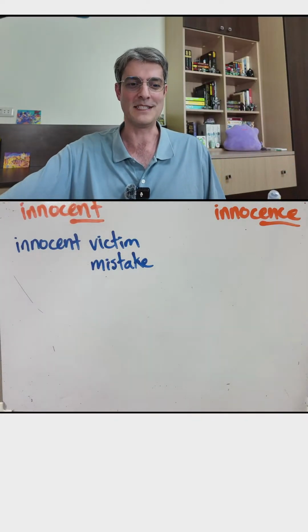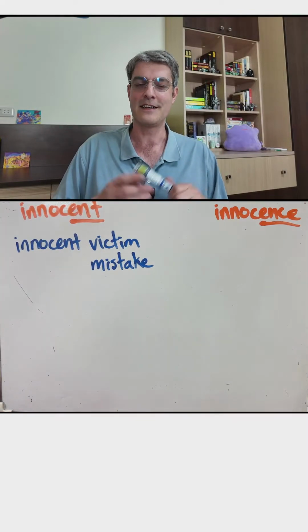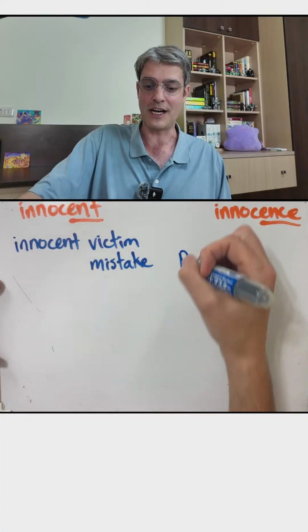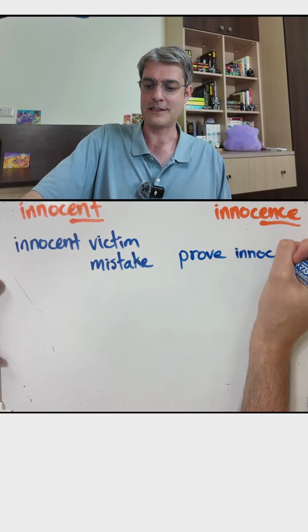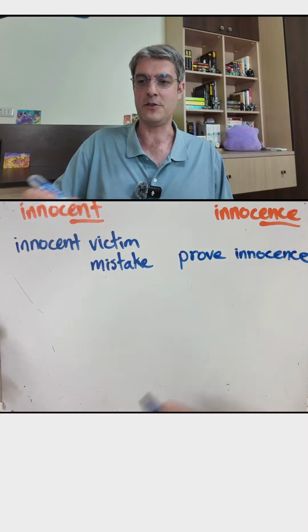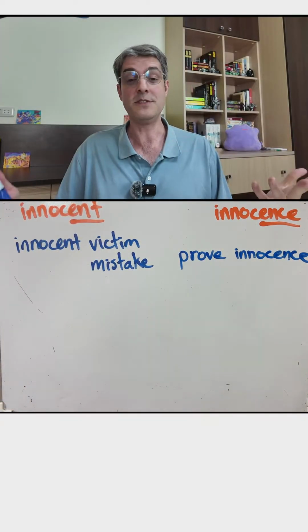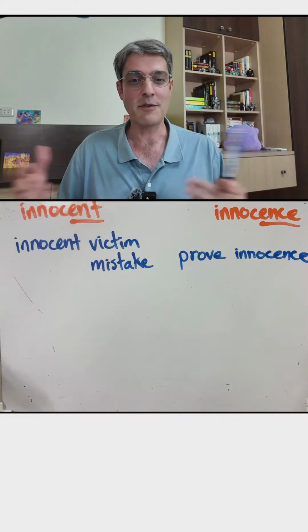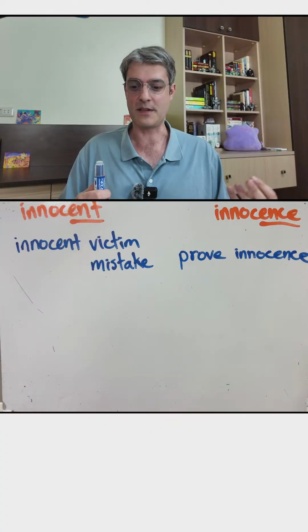It's an innocent mistake. All right, so if we're talking about innocence, some useful collocations, you'll see this in court dramas. That is to prove innocence. And this just means to demonstrate, legally, that you did not commit a crime. Maybe you have CCTV camera footage. Maybe you have an alibi where someone says that they saw you somewhere else.